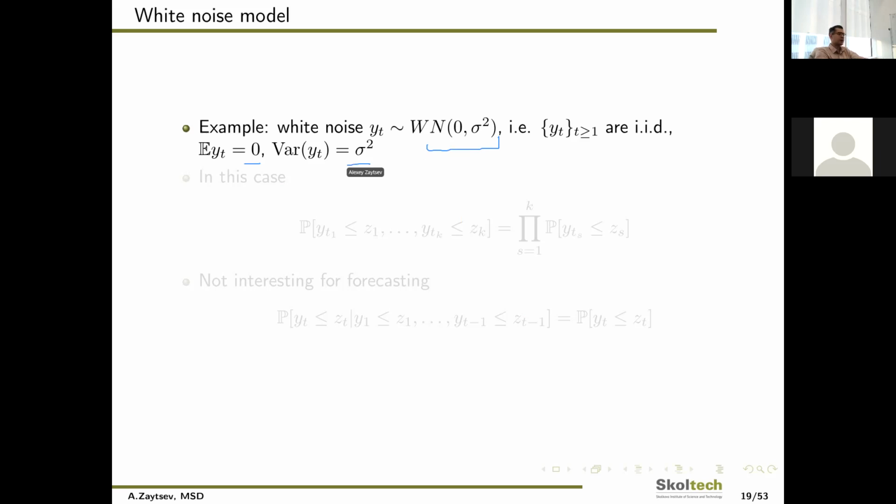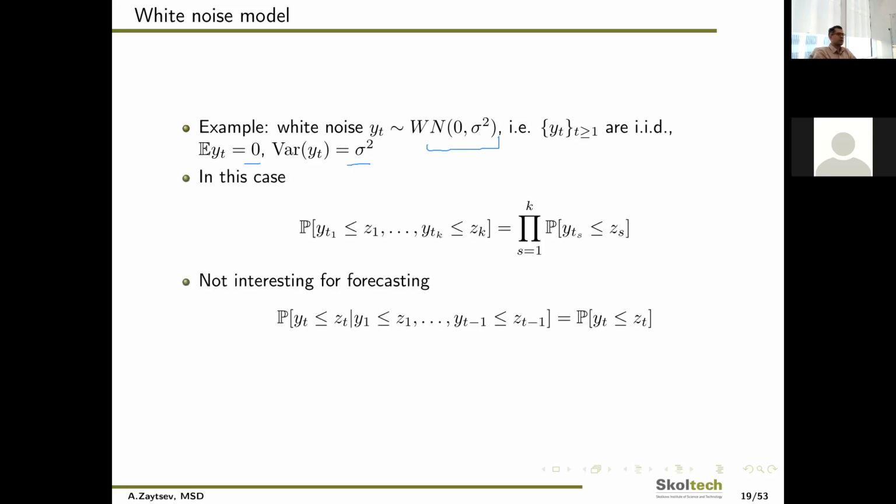So basically, we can directly write this joint probability distribution as a product of separate probability distributions for each time moment. And as you can see, it's a very simple model. As a Gaussian random variable, it's easy to write down the density related to each particular time moment.